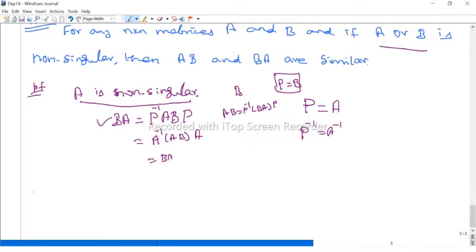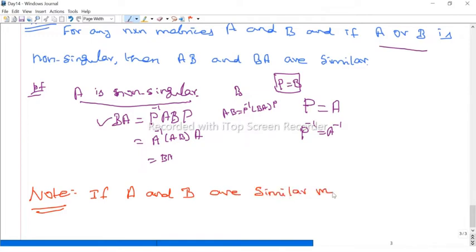Note: if A and B are similar matrices, then the rank of the matrix A equals the rank of the matrix B.